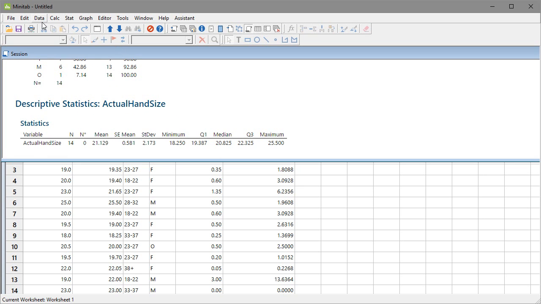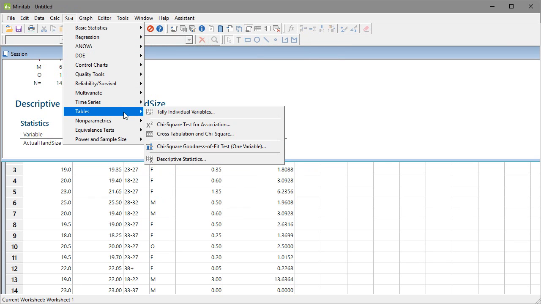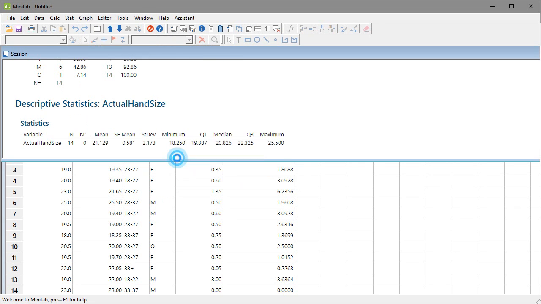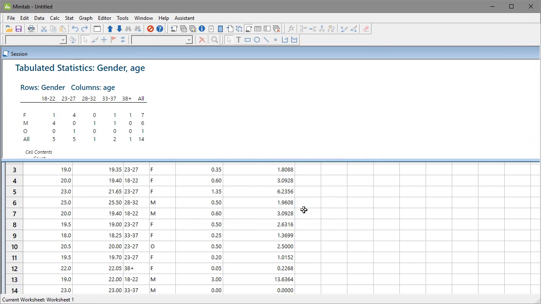So let's see, we've gone through calculate, we've done some basic stats, some display descriptive statistics. Something else you can do in tables, down here in these descriptive statistics for tables, is go through and say for categorical variables, let's say for gender, and the columns are going to be age, and click OK.